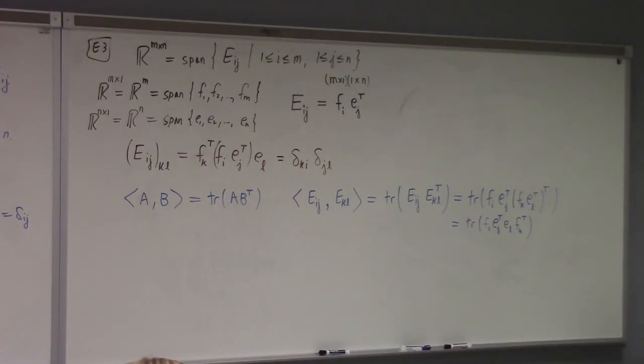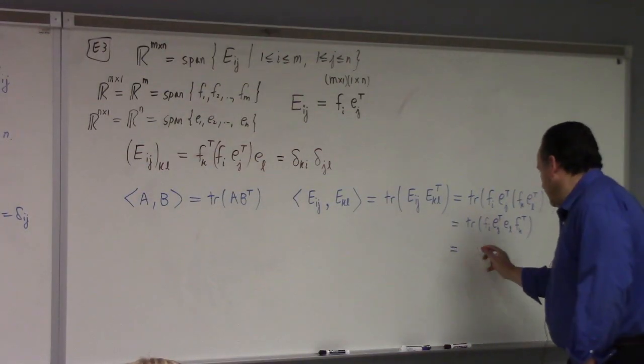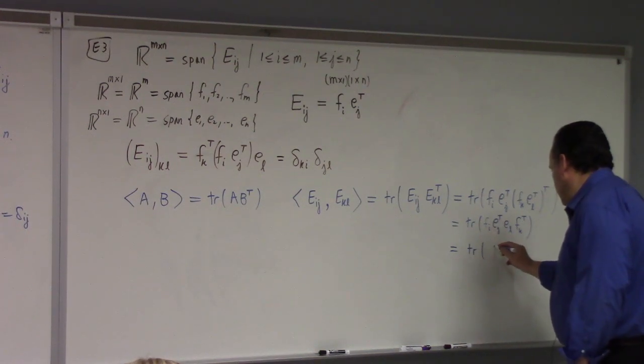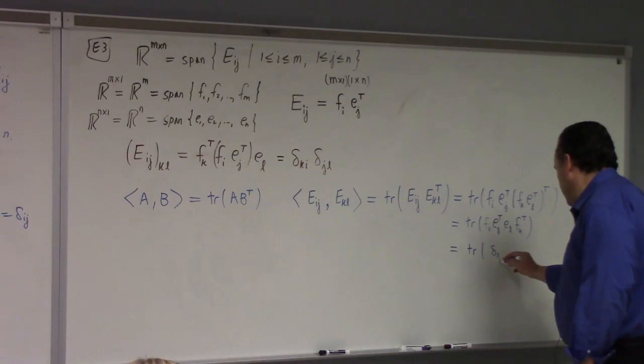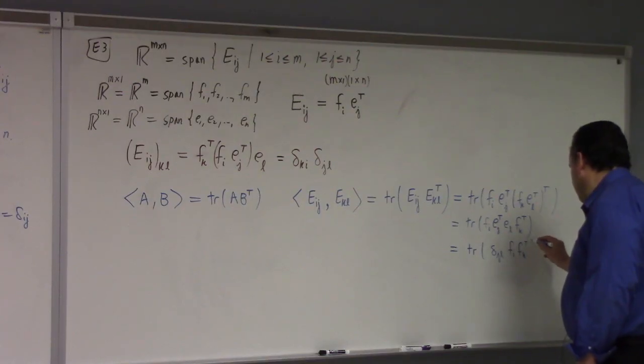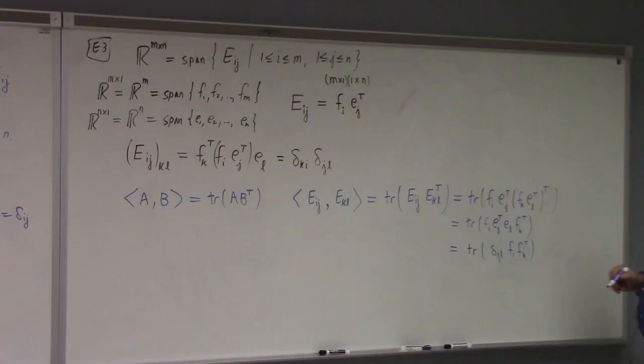Transpose of the transpose is just the thing again. All right, so in the middle, we have the trace then of Kronecker delta JL times F sub I, F sub K transpose. Right?